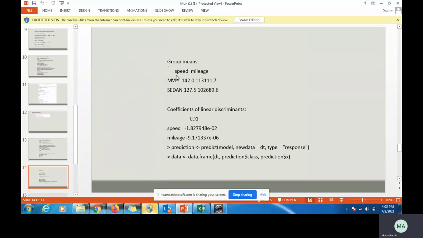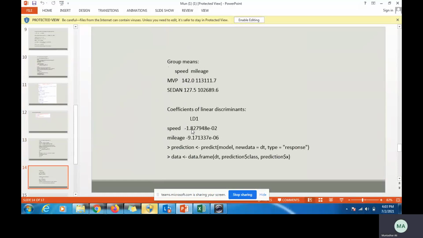So then we have the group means, the speed for the MPV is 124, the mileage is, then the sedan is 127.5. Then we find the coefficients of linear discriminant LD1.